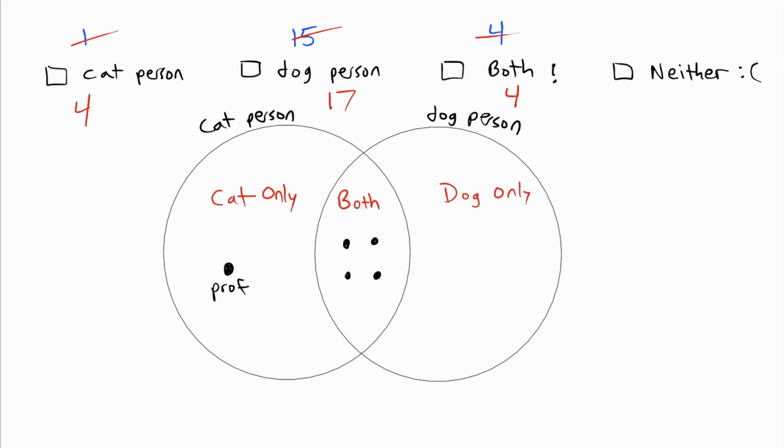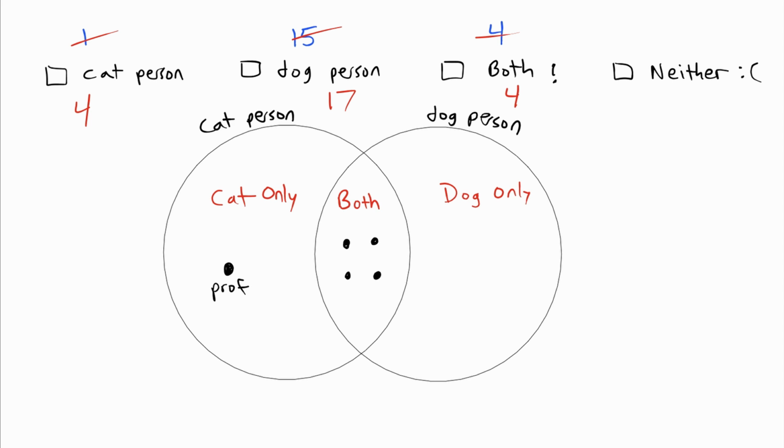So the problem is that the numbers don't add up, see? How many should we really have for cat people based on what we see? Should it be 4 or something else? It should be 5. It should be 5. Okay, let's try to vote again. How many people are cat people? 1, 2, 3, 4.